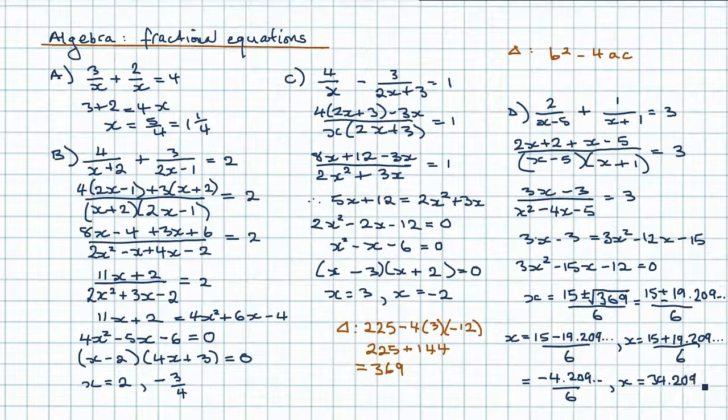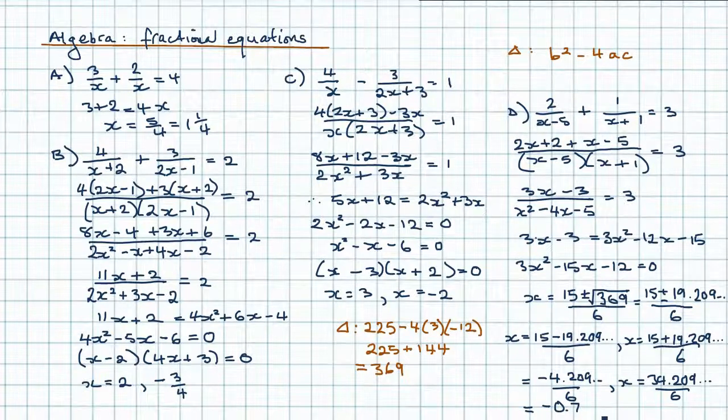I'm running out of room here, but I'm going to use my calculator now. So 4.209 divided by 6 gives me 0.7015, but I've got a negative sign in front of it, so it's going to be negative 0.7.